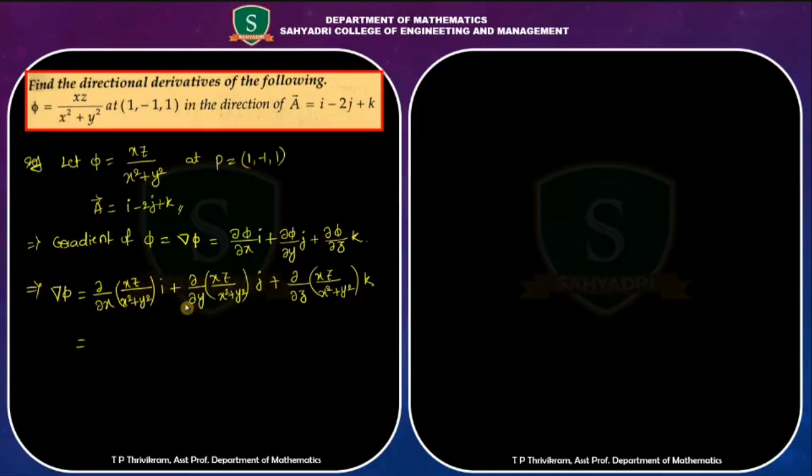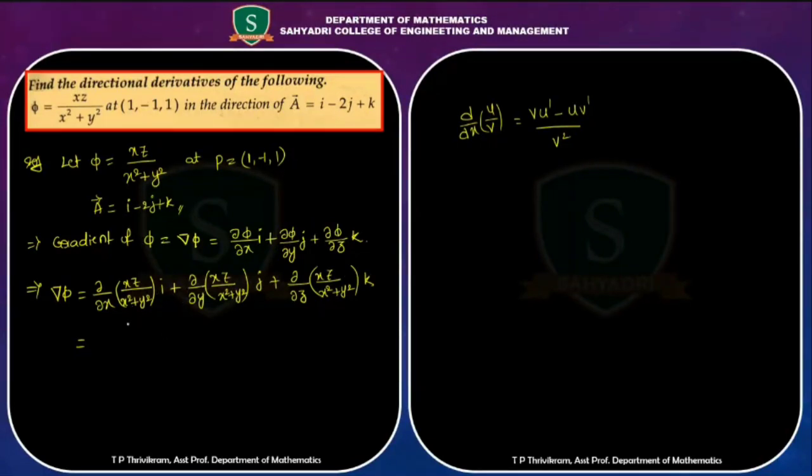Here xz and x square plus y square are functions of x, so you have to apply the u by v rule. What is the u by v rule? d by dx of u by v, where u and v are functions of x, is (v u dash minus u v dash) divided by v square. So you are going to apply the same thing here.